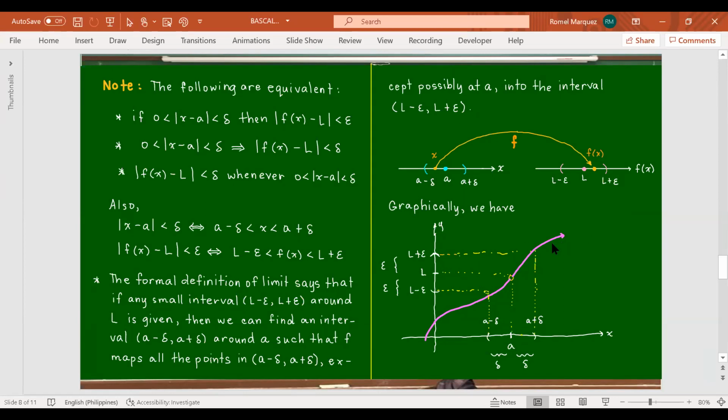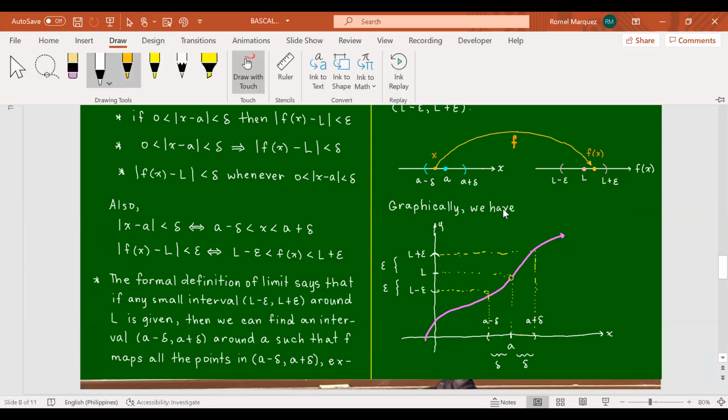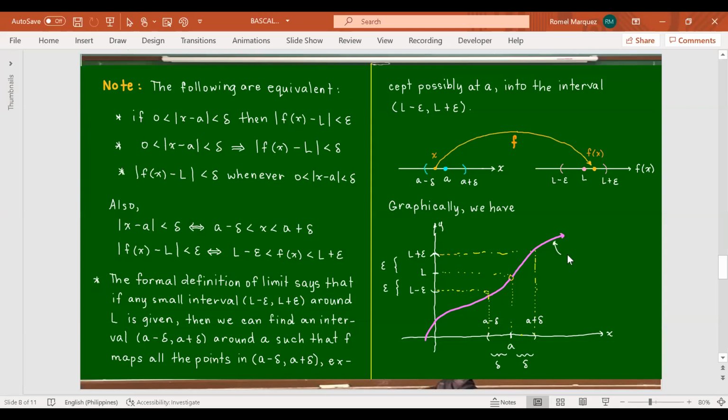So this is my function. It's like a challenge, no? I will give you L as my limit.